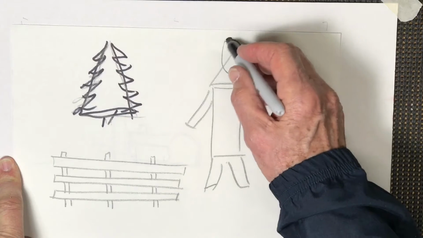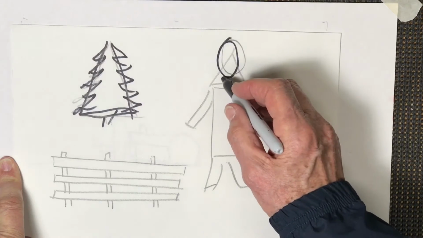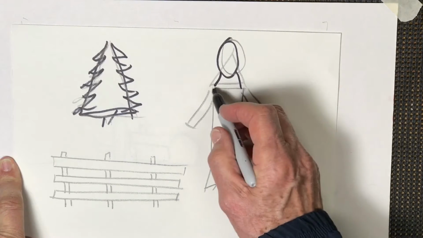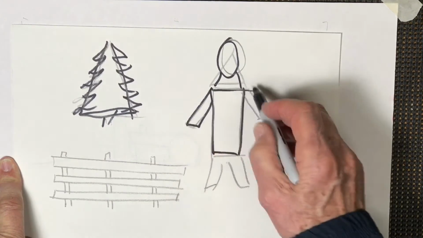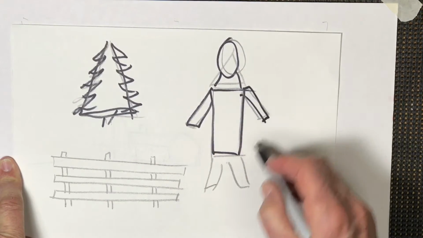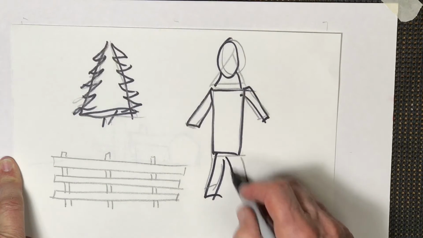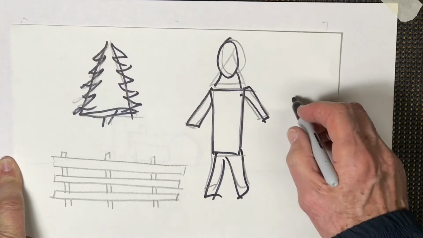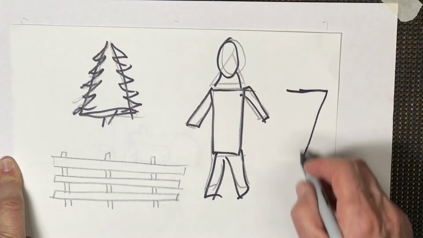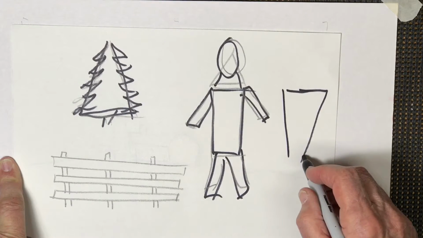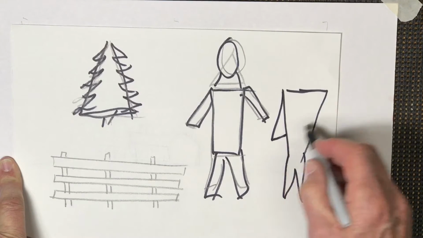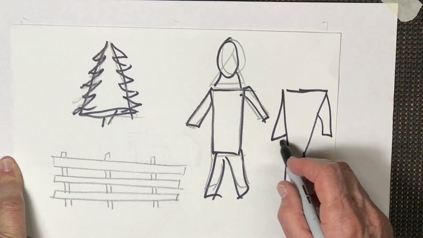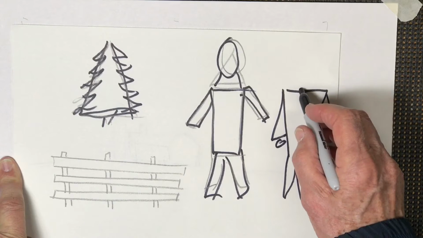Well, even a person, you can have a... now you say, I can draw that. Well, sure you can. And you can even have these people. We actually see people of all shapes and sizes, don't we?